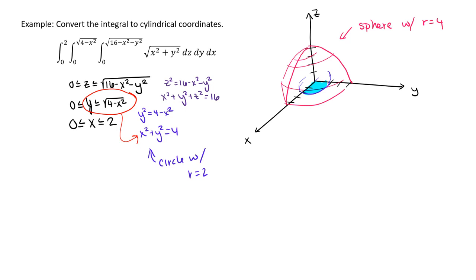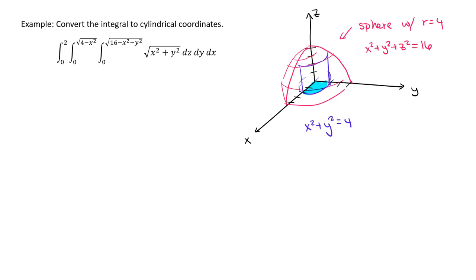If you square both sides, that's actually the top half of a circle with radius 2. So my y values are going from y equals 0 to the top half of this circle here. But then since the x's only go from 0 to 2, we are just in that first octant there, x equals 0 to x equals 2.